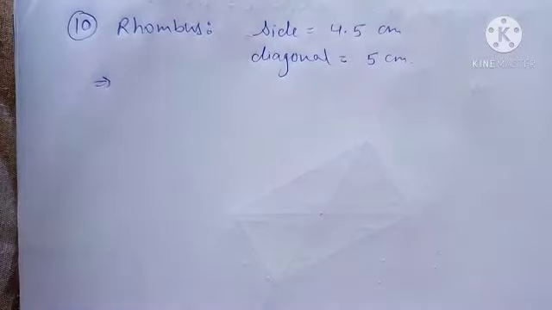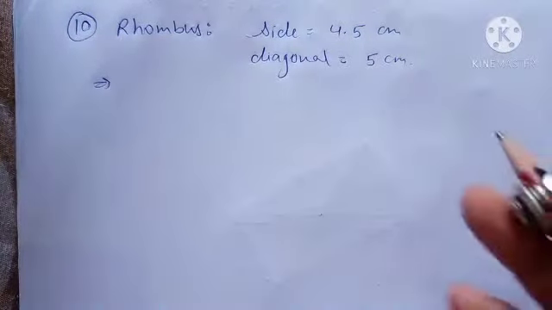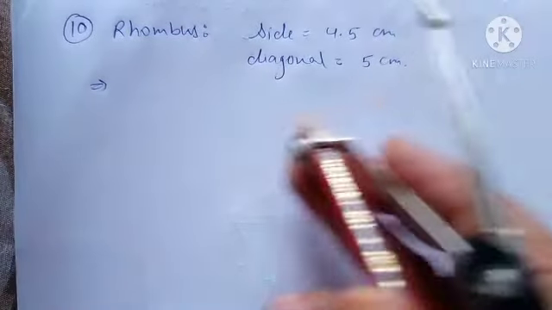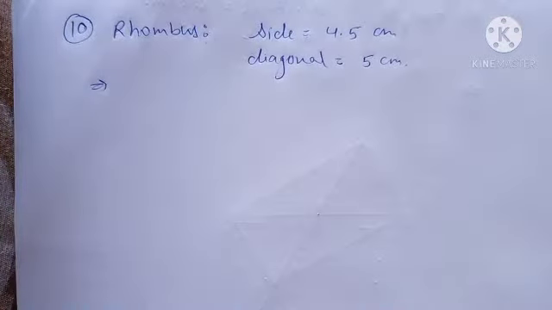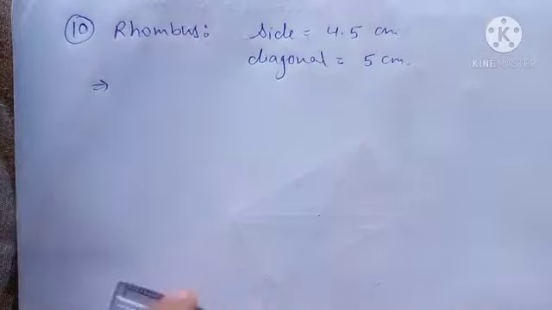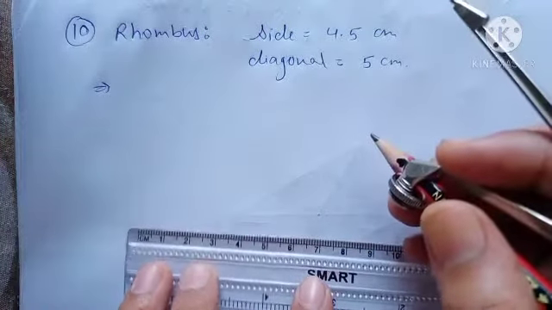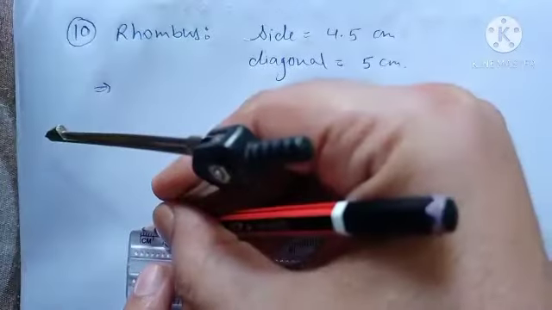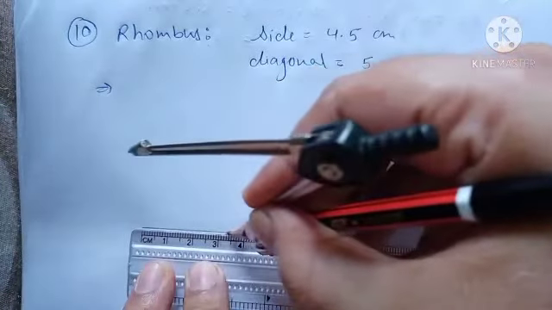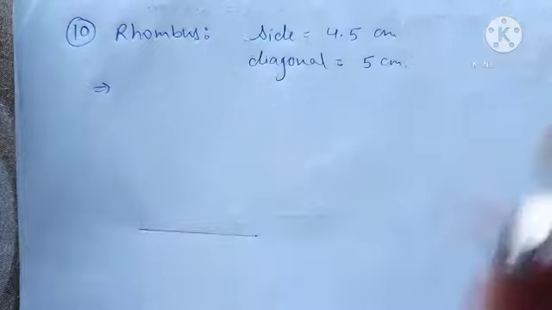In question number 10, we have to draw a rhombus whose one side is given, that is 4.5 centimeter, and diagonal is 5 centimeter. So how can we do? First of all, we have to draw a line segment which is equal to 4.5 centimeter. So here we are drawing a line segment AB which is equal to 4.5 centimeter.